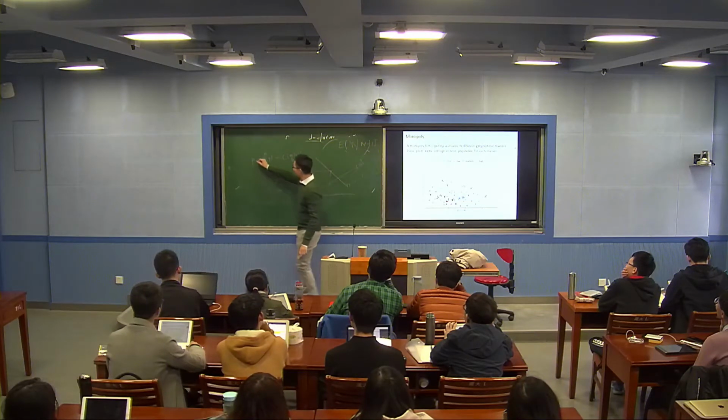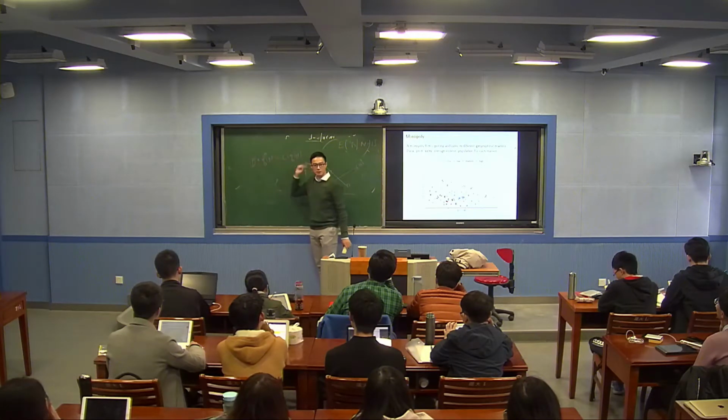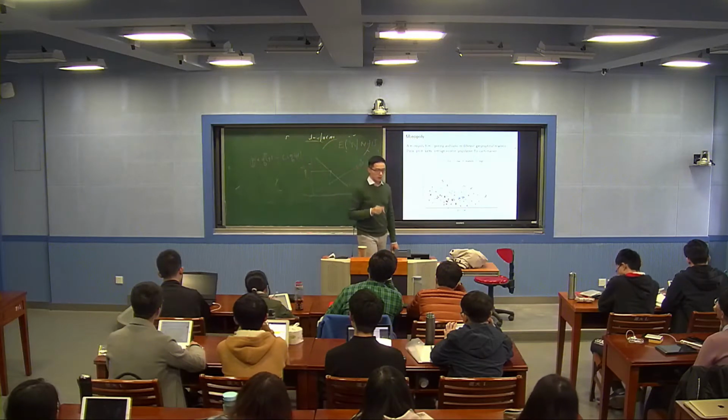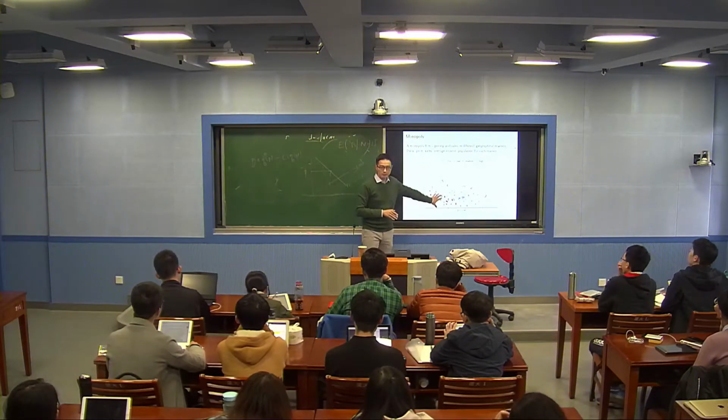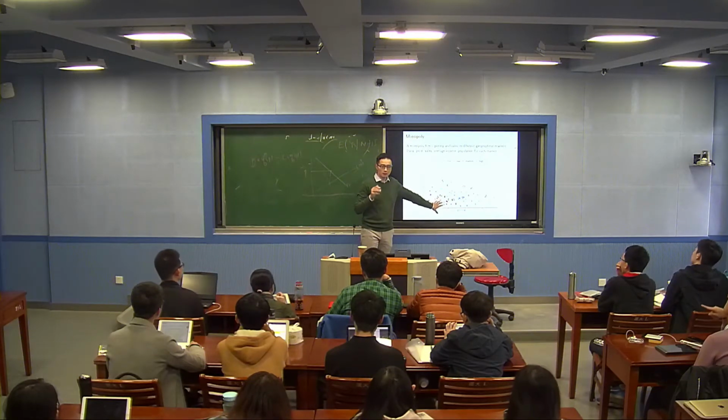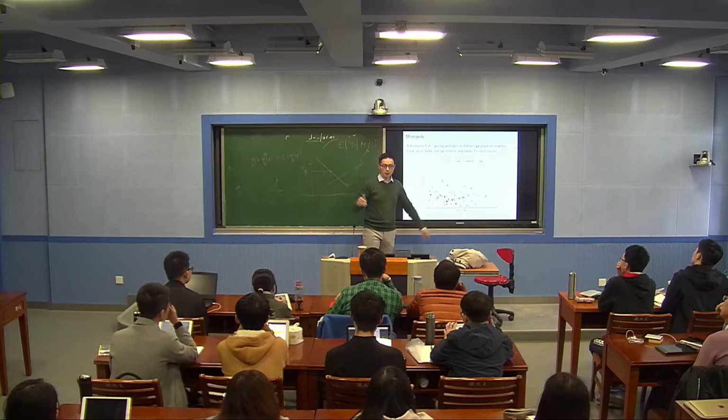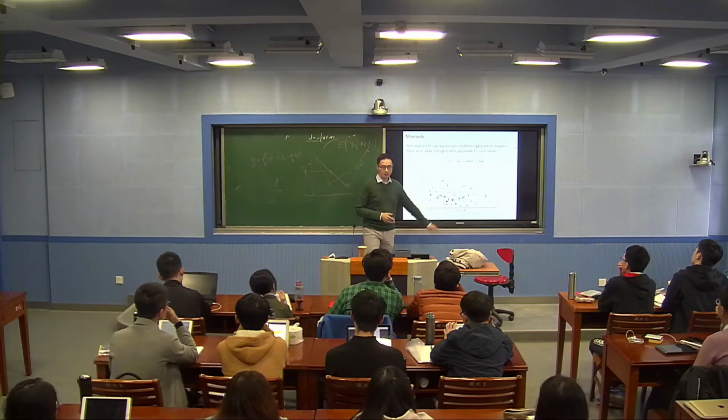And you want to choose a P to maximize this. So this is our model. Now, does this model describe this data? Whether this model describes this data depends on what you think about this company.